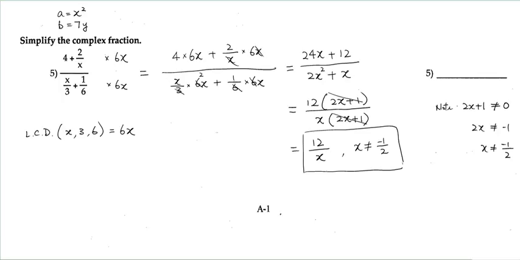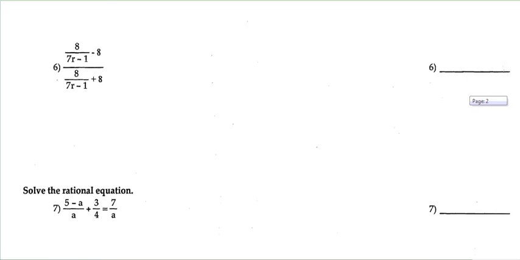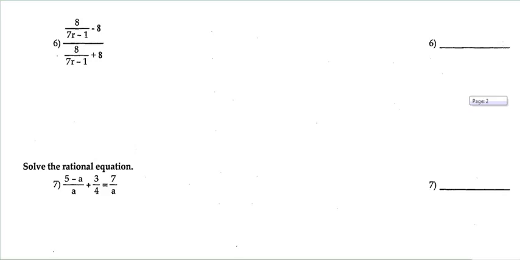Let's see the next one. Number 6, we have a complex fraction again. So let's identify the LCD. What would be the LCD this time? That would be 7R minus 1.